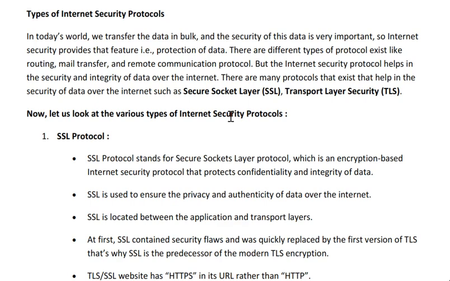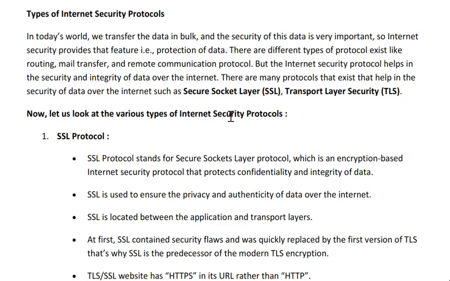There are different types of protocols that exist, like routing, mail transfer, and remote communication protocols. But Internet security helps in the security and integrity of data over the internet.